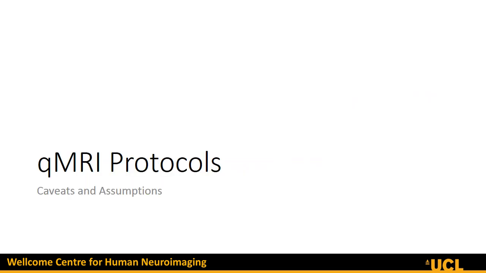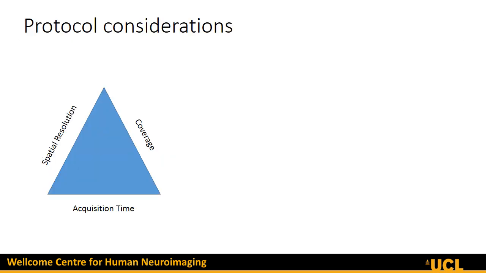So now let's turn to protocols, including caveats and assumptions that we need to keep in mind when we're designing how we're going to get our data. It is generally the case in MRI that we need to trade off spatial resolution, coverage, and acquisition time, meaning that we will have to increase our acquisition time if we want to have high spatial resolution and whole brain coverage.